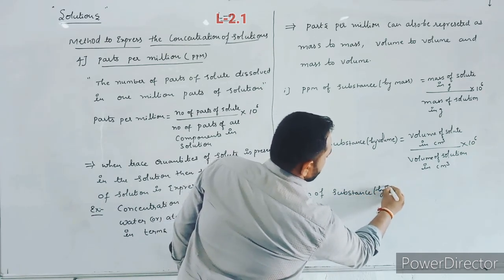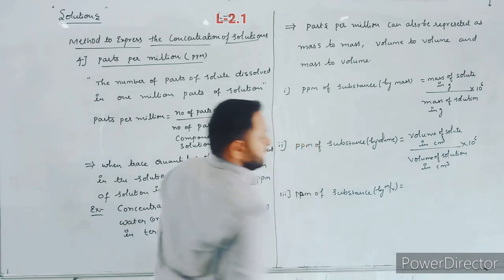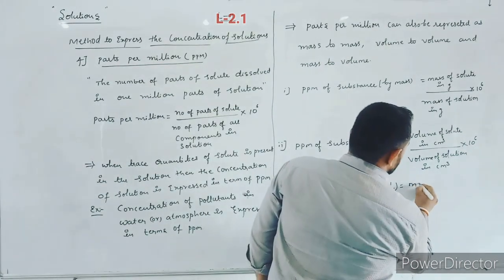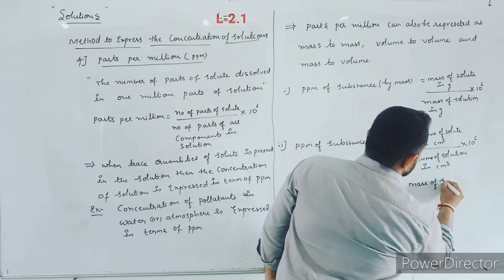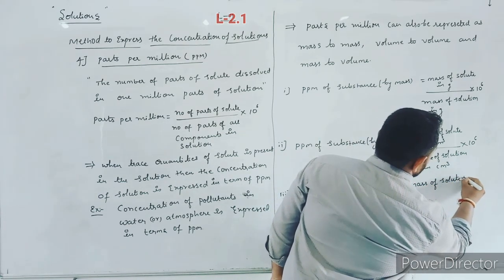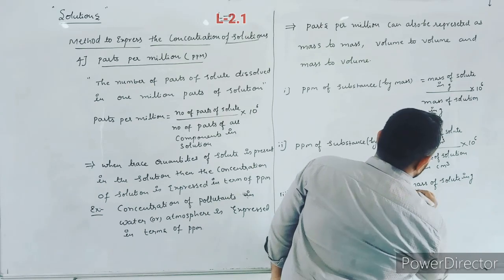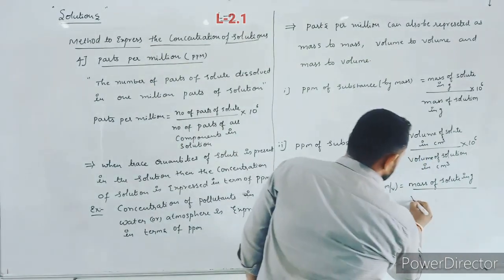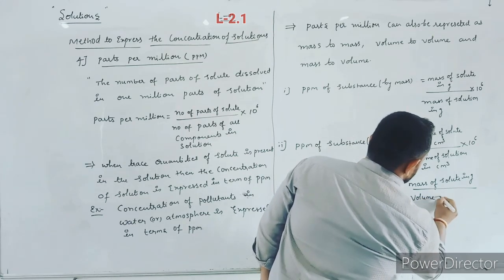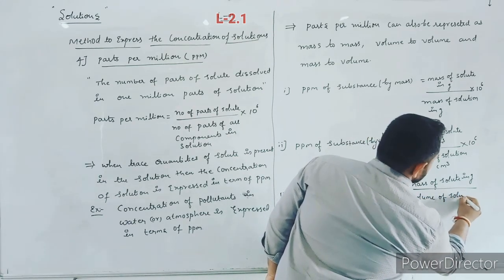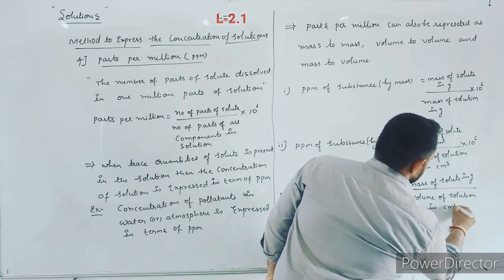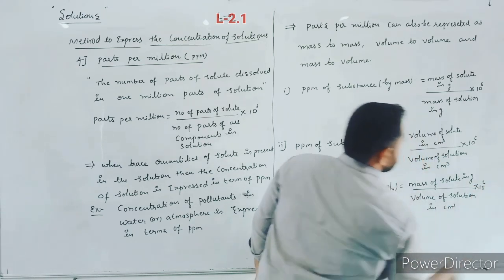Here let us write mass of solute in grams, divided by volume of solution in cubic centimeter, into 10 power 6.